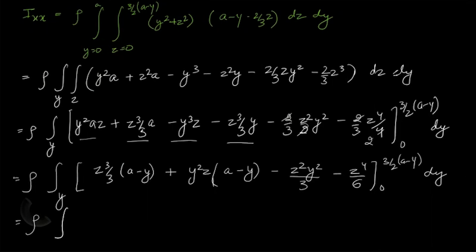So let's put the limits now. So this will be 27 over 8 and then 3.